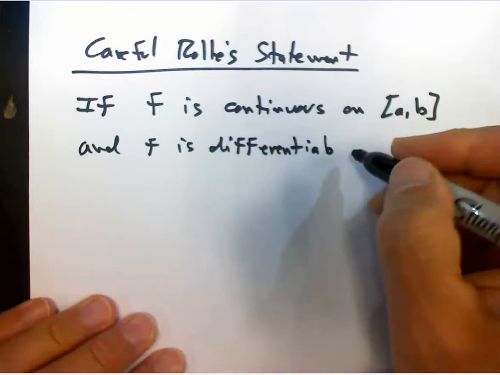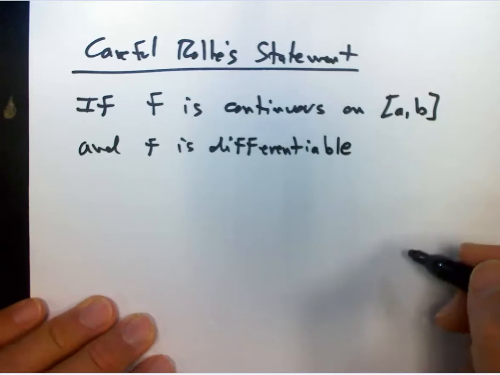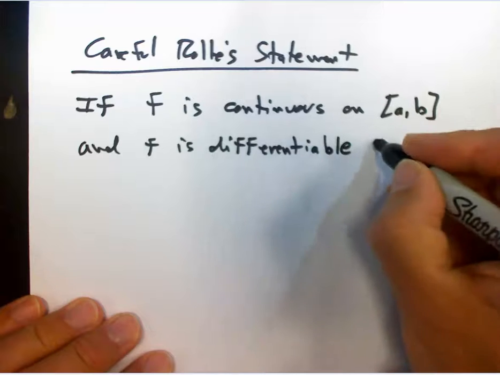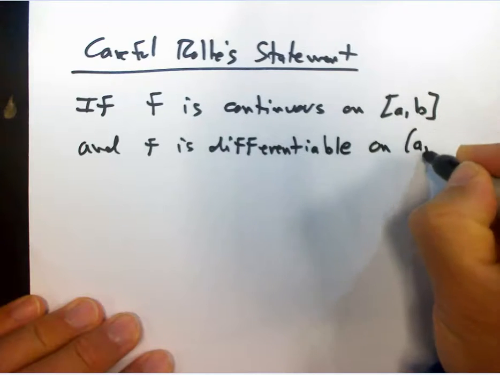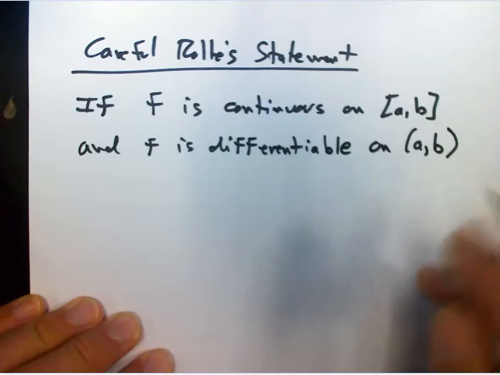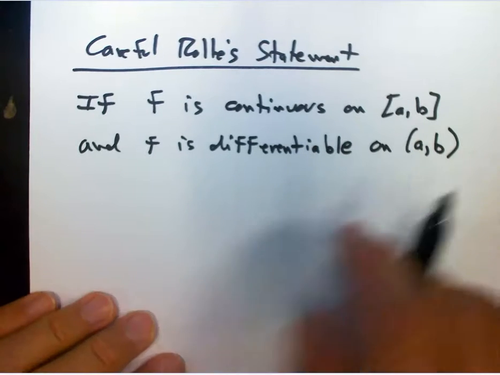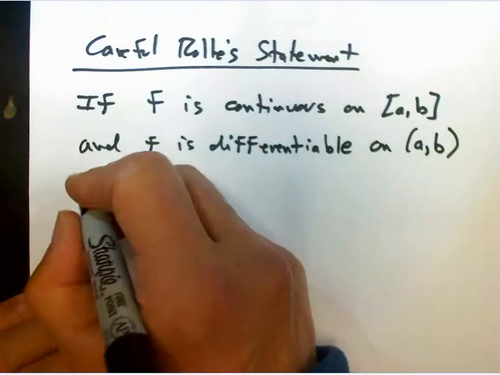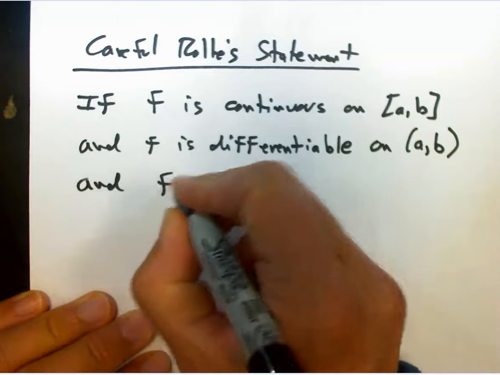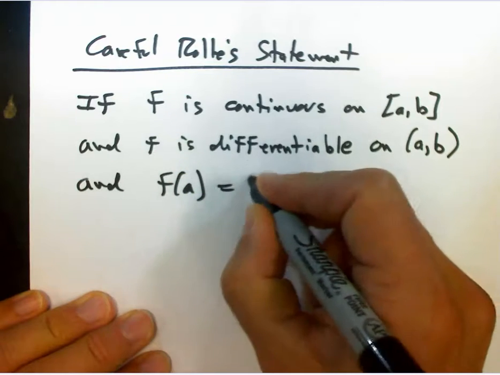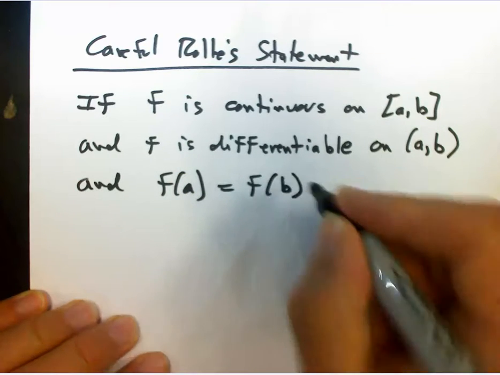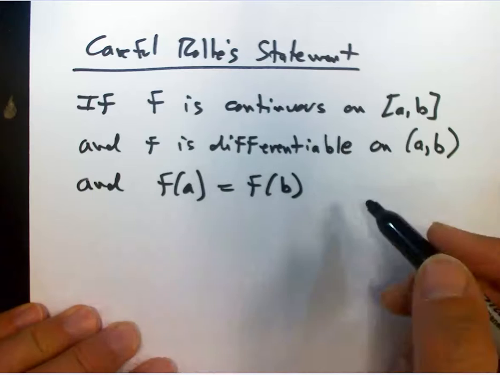And the mean value theorem, that's going to be a generalization of this, is going to be similar to that. And if f is differentiable, it turns out, even if he tries to cheat by not being differentiable right at the endpoints, it doesn't help him. And he comes back to the same position, or just the function has the same value at the two endpoints.